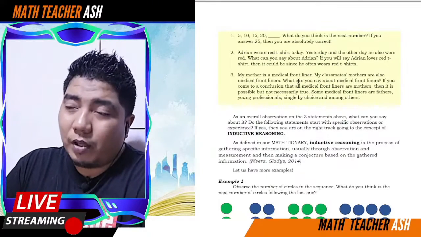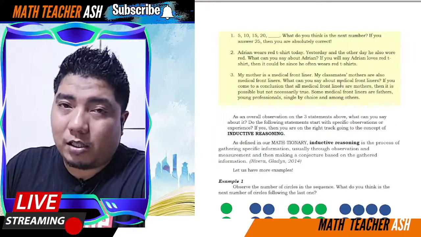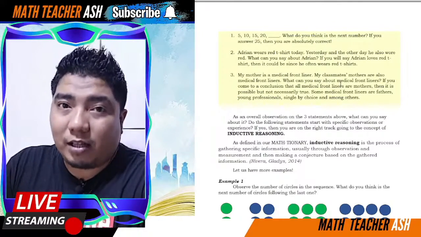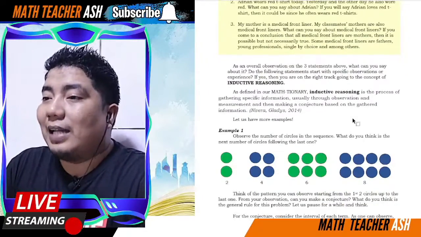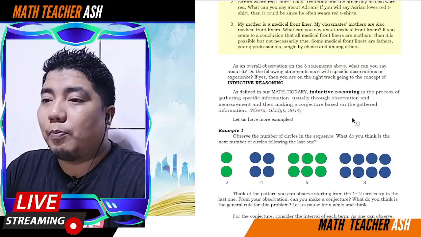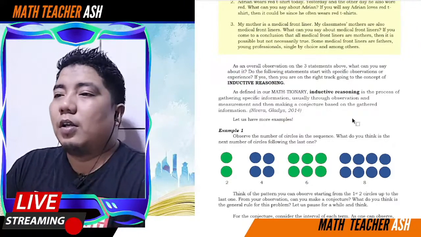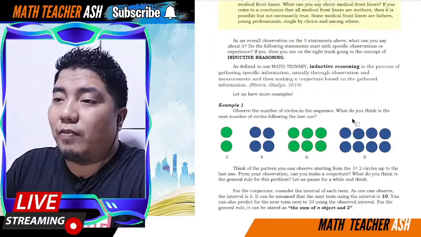Pero hindi natin pwedeng sabihin na lahat ng mothers ay frontliners because there are other frontliners na hindi mothers. Okay, so that is an example of inductive reasoning. As defined in our dictionary, inductive reasoning is the process of gathering information, usually through observation and measurement, and then making a conjecture based on the gathered information.